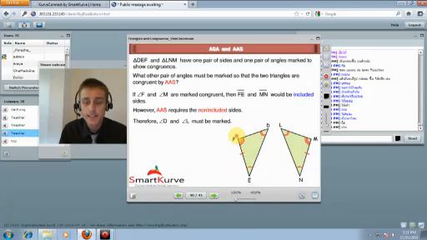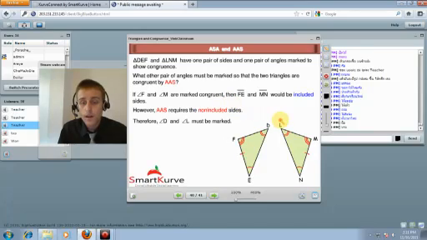So we see in this example that FE and MN are the congruent sides. If angle F and angle M are congruent, then FE and MN would be included sides. And for angle, angle, side, we're trying to use the non-included sides.